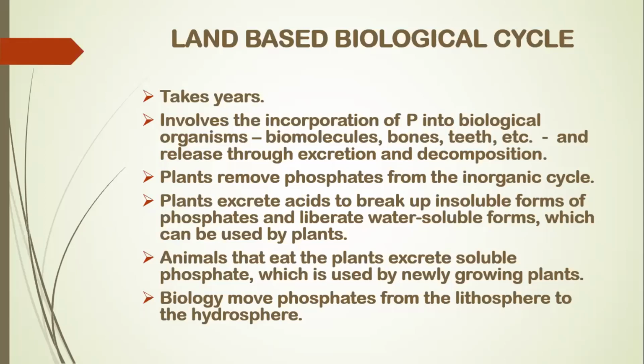These acids go into the soil profile. There they find these insoluble phosphate rocks, and these acids begin to break the bonds that hold these phosphate rock molecules together. And as they reduce these molecules to more and more simple forms, ultimately they liberate water-soluble forms of phosphate, which ultimately can be used by the plants.